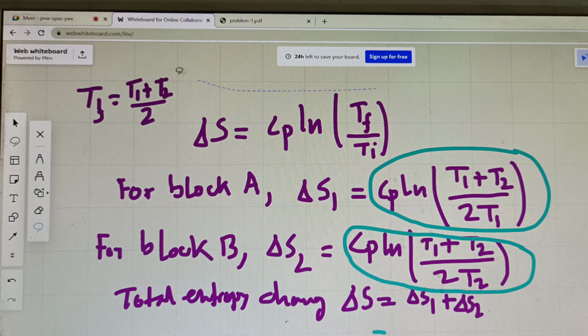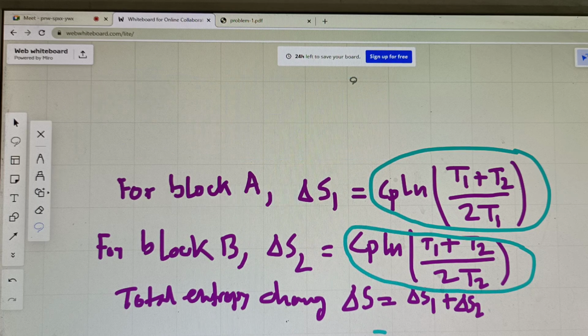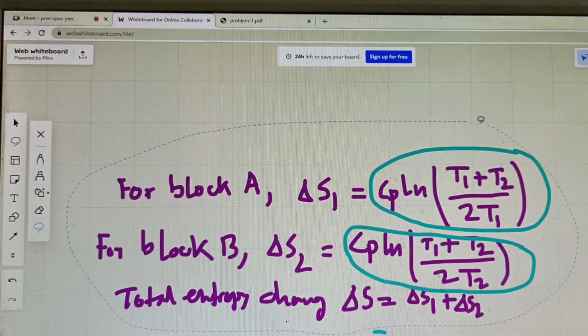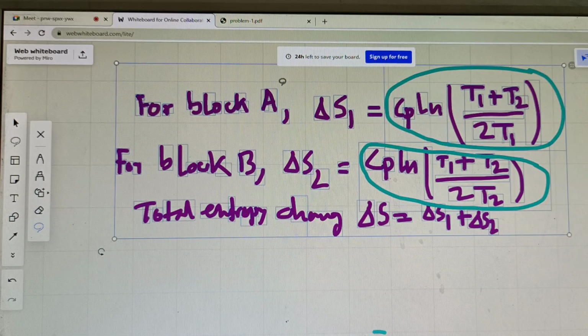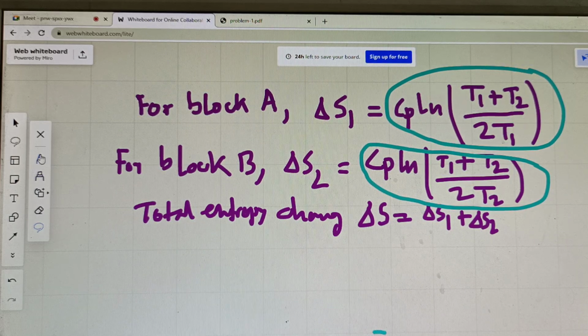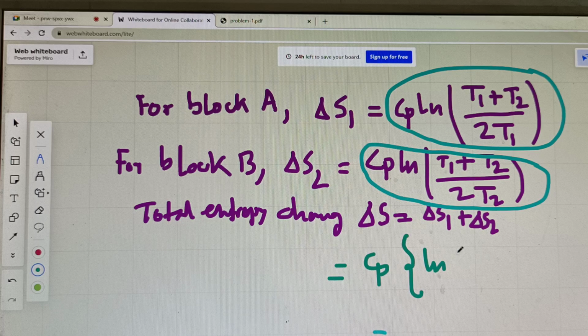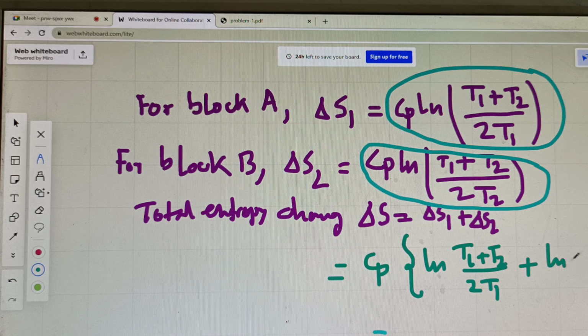After adding these two, we get Cp ln (T1 plus T2) by 2T1 plus ln (T1 plus T2) by 2T2.